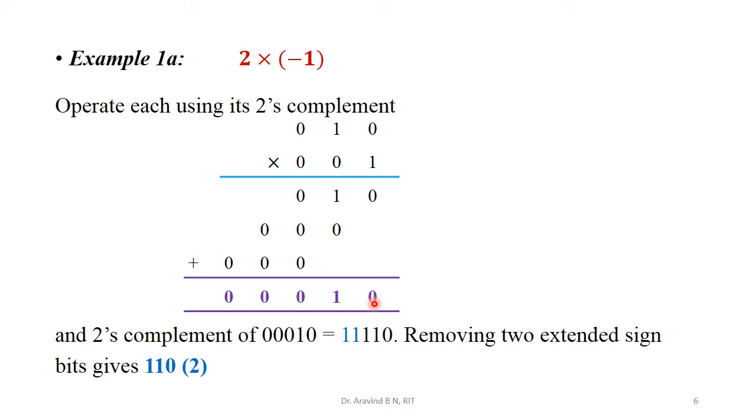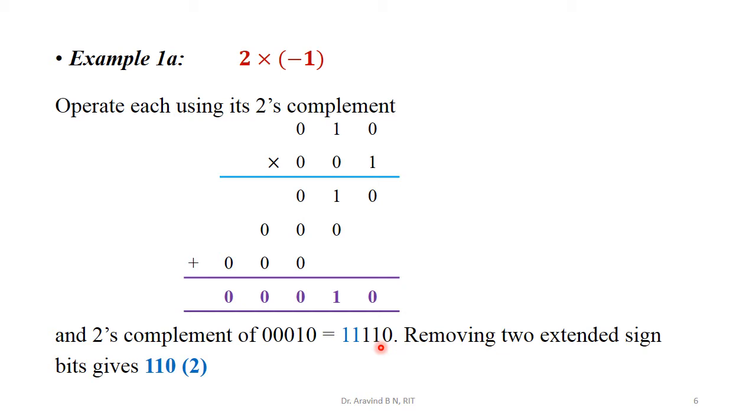Since we have positive into negative value, the resultant must be a negative value. Therefore, whatever value we have got, we must take the 2's complement of this realization to say that the final answer is a negative representation. After applying the 2's complement, we are going to get this as the answer.